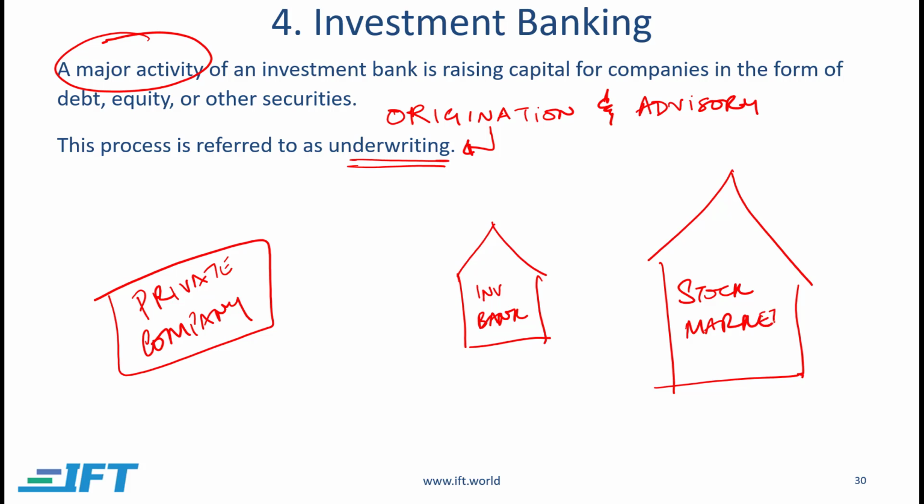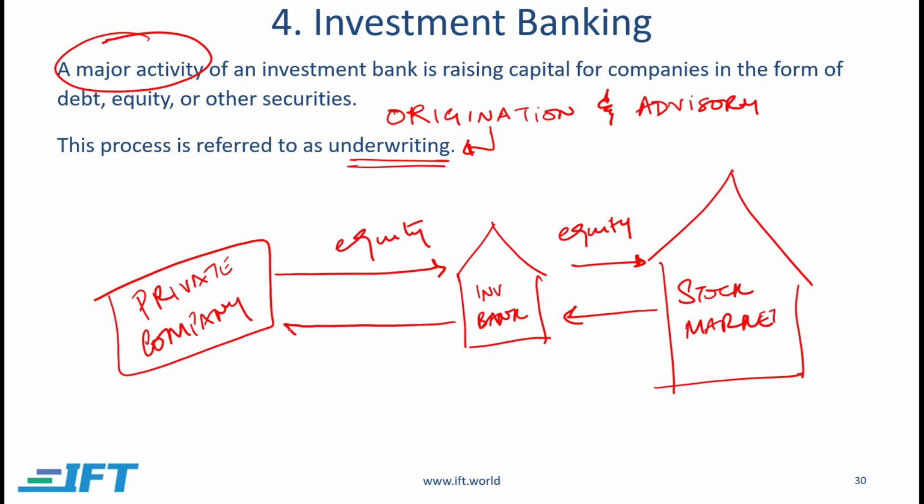The company will allow the investment bank to sell a certain portion of its equity or shares to investors in the stock market, and then they will get the money from those investors and pay it to this company. Then this company can expand its business and grow.